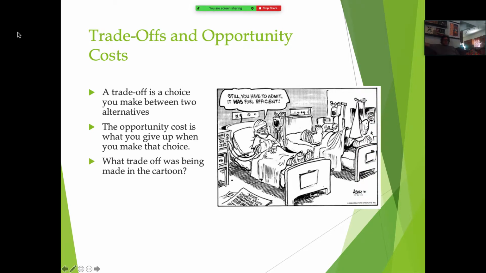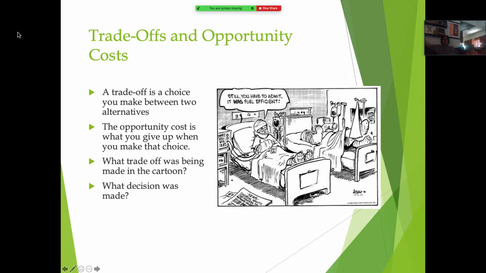So let's look at this cartoon here. You have a guy laying in the hospital bed, and he says, still, you want to admit it was fuel efficient, right? Just think to yourselves, I'm not going to ask you to call out necessarily, but think about the trade-off that this person in the car was going through. Well, he could get a fuel-efficient car, or he could get a car that was safe, all right?